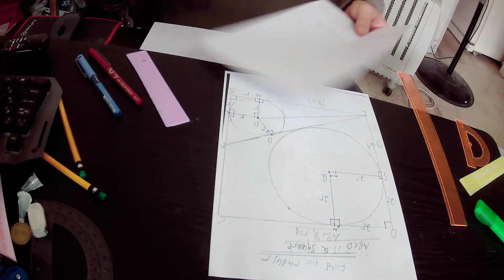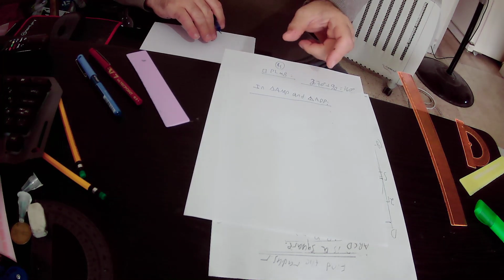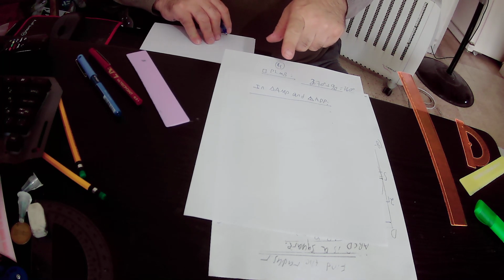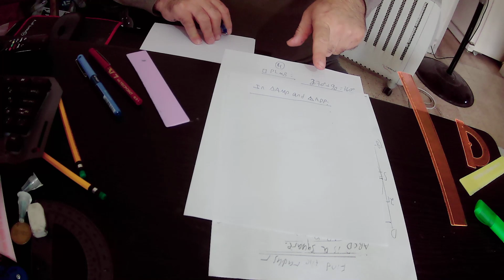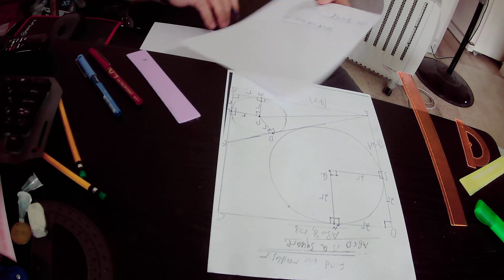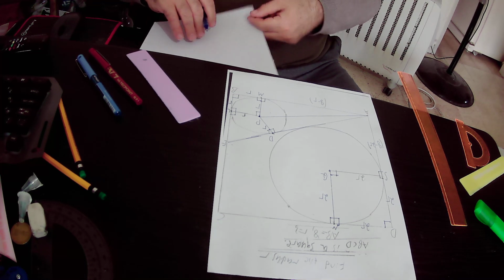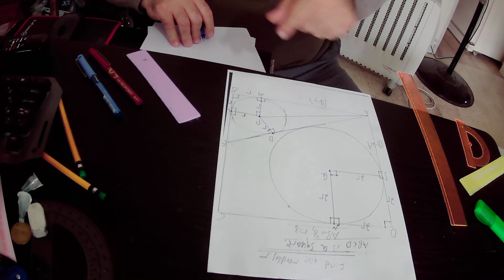And we will prove that those two right triangles can go into each other. The right triangle AMP can go into the right triangle ADP.